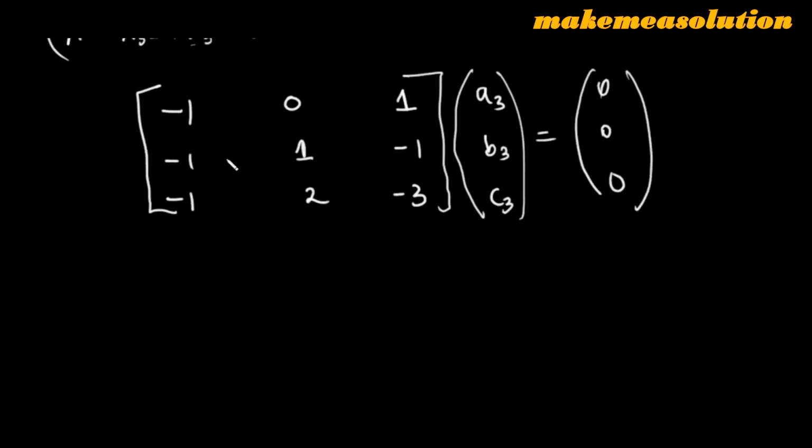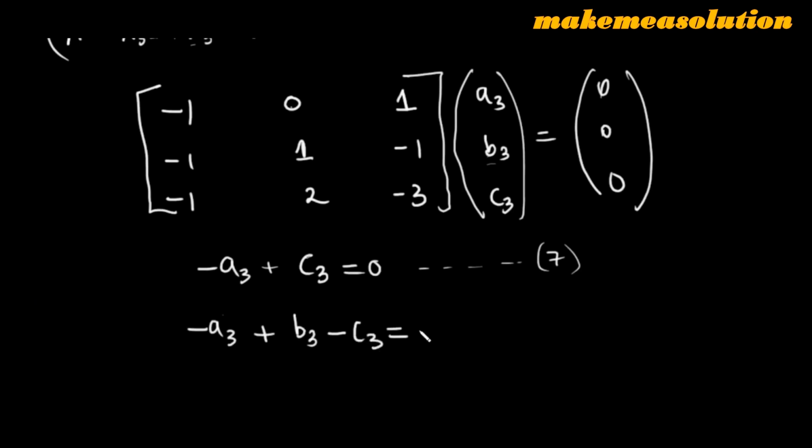Okay, so when you have it like this, what next? You can write the equations. When you expand the first one, you're going to get minus a3 plus this times this is 0, then this times this is plus c3 is equal to 0. So this is your equation 7. Again, if you expand the second one, you have minus a3 plus b3, then minus c3 is equal to 0.